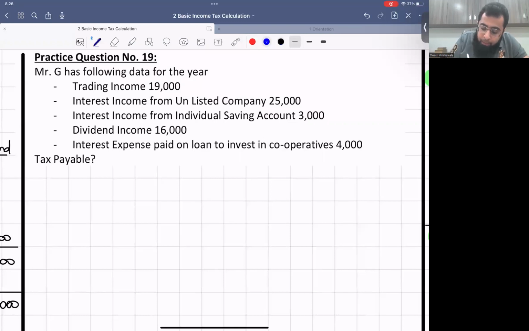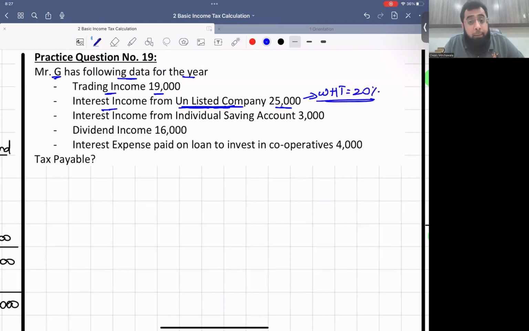Now, Mr. G has the following data for the year. Trading income 19,000. Interest income from unlisted company 25,000. Many students forget here that when there is interest income from an unlisted company, there is withholding tax of 20%.